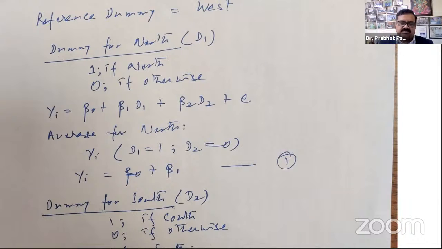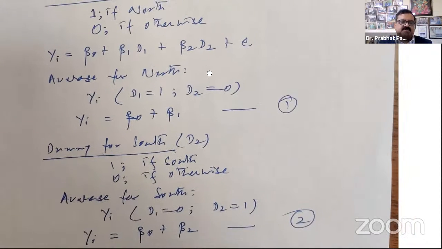If we also want to see the impact of a covariate, which is spending, then dummy along with covariate can be used, and we'll see that in the next exercise. But in this first exercise, we are not taking any covariate, so X is ruled out. There is only Y and two dummies created out of this data. This is the generalized equation. Now we come to north.